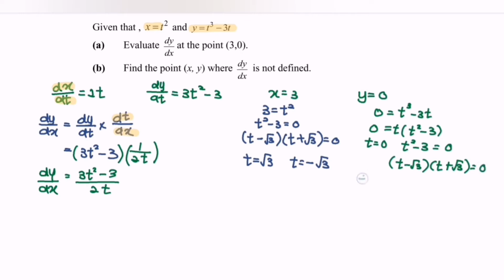So finally, t equals 0, t equals square root of 3, and t equals negative square root of 3. So notice that we have two same values, meaning that t equals square root of 3 and t equals negative square root of 3, where t equals 0 is not valid.